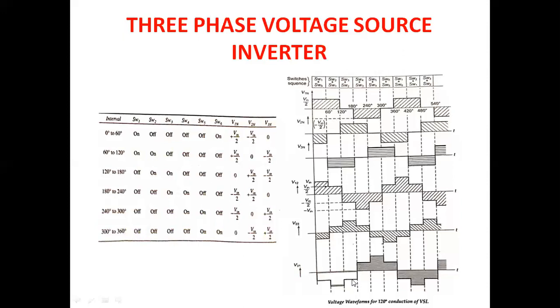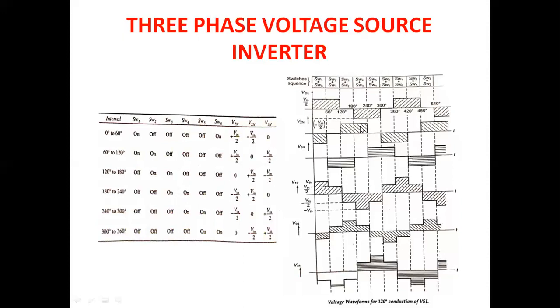So now for the fourth interval, that is 180 degree to 240 degree, that is this one. Switch 3 and switch 4 is on. So the value of V1n is minus Vin by 2, is clear.